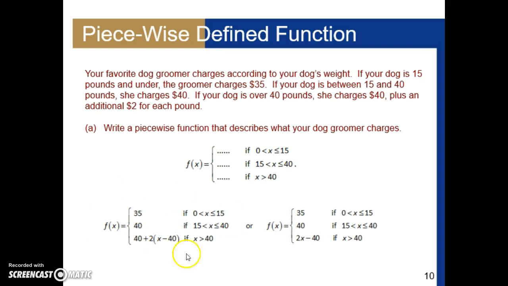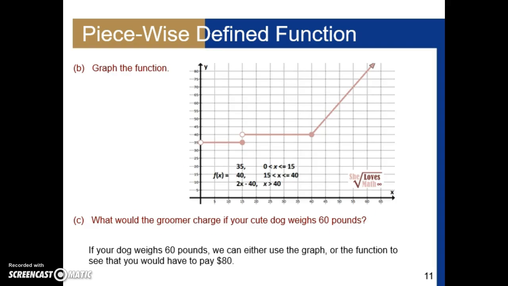So this is what the piecewise defined function would look like for the word problem that we have here. This is actually what the graph would look like. So the graph is piecewise. It's a horizontal 35, horizontal 40, and then a line with a slope.